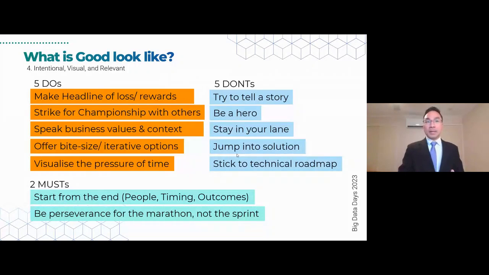in the corporate world. With the 5 do's and 5 don'ts, I would not spend too much time on it. I just picked a couple of key highlights. First, with the 5 do's, the thing that I always try to emphasize is to make the headline of the loss and the reward.